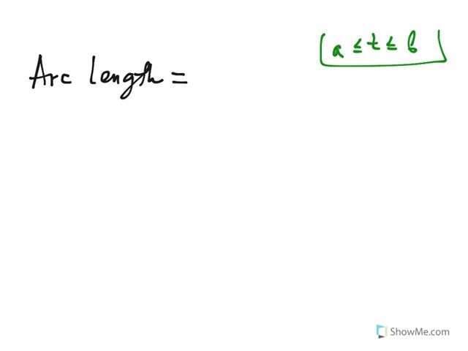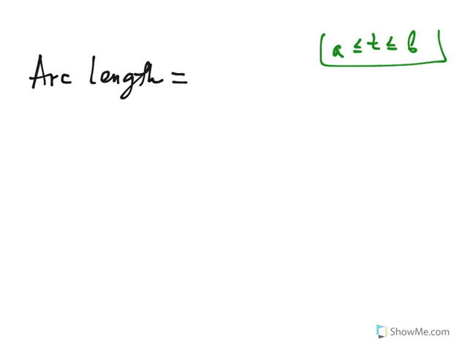Here's the formula: arc length of the curve equals, by the way, the condition is you're between the time a and b, so usually they tell you what your time interval is, and they give you the parametric equations. Obviously those two functions are always differentiable.